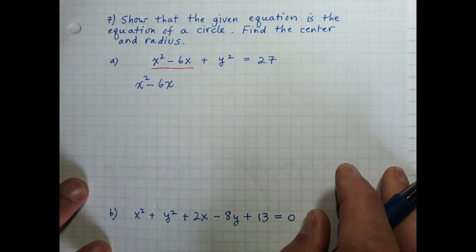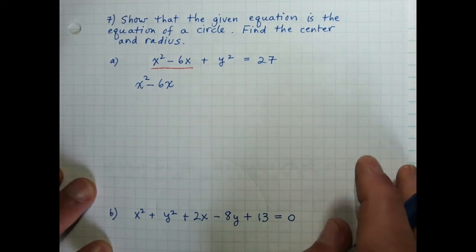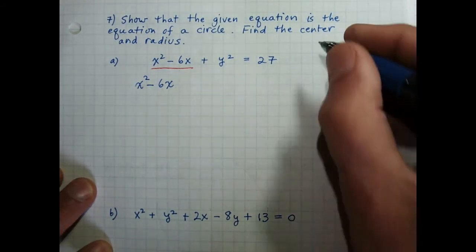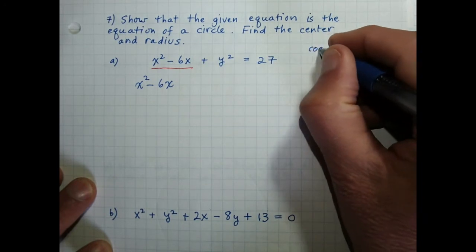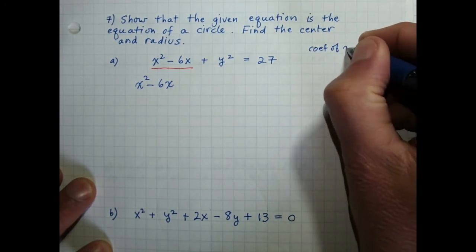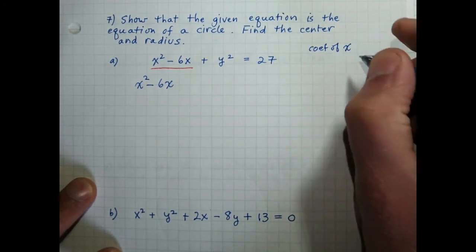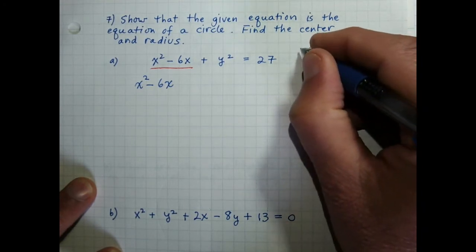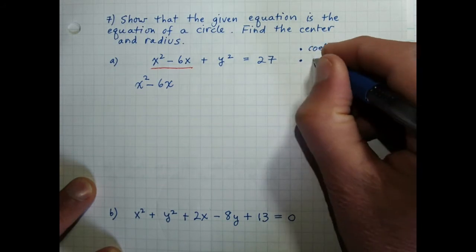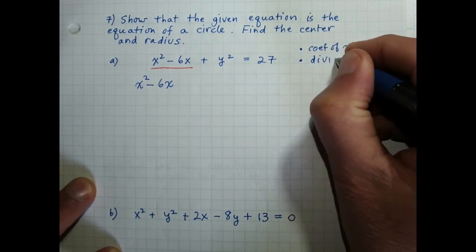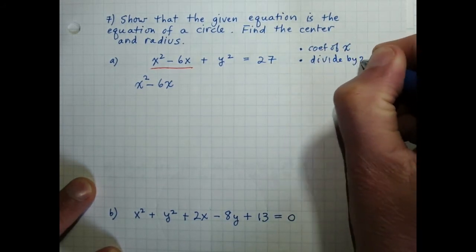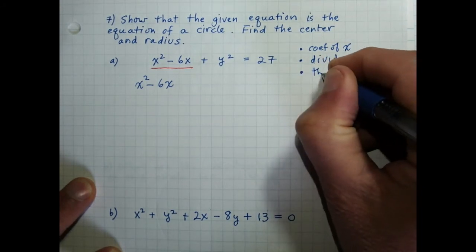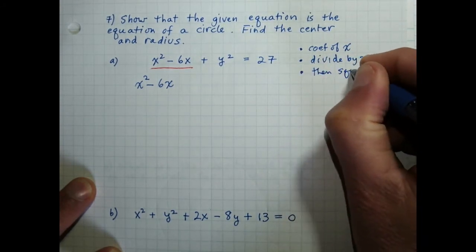And you may have seen this process before. What I do is I take the coefficient of x, I divide by 2, and then square what I get.